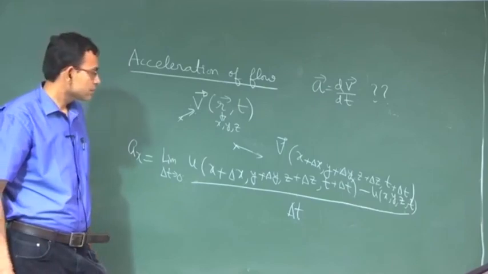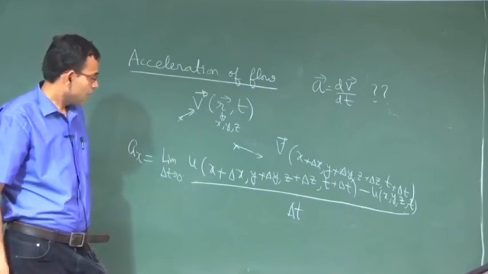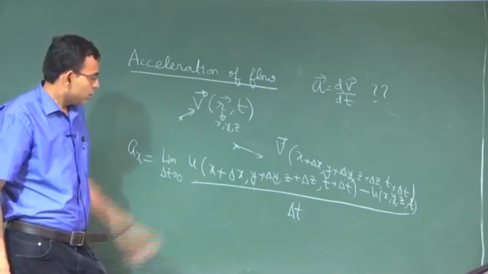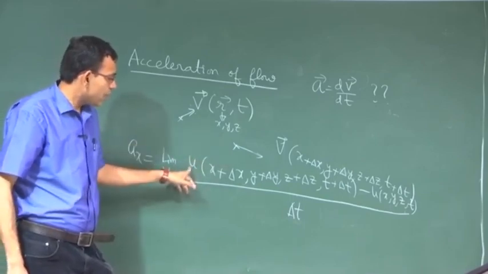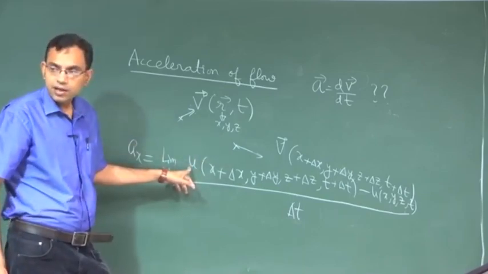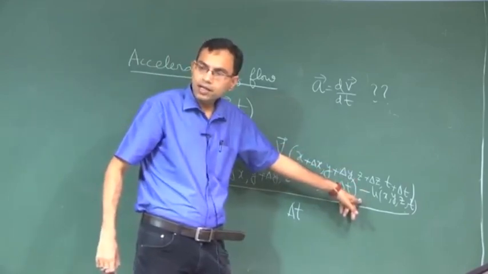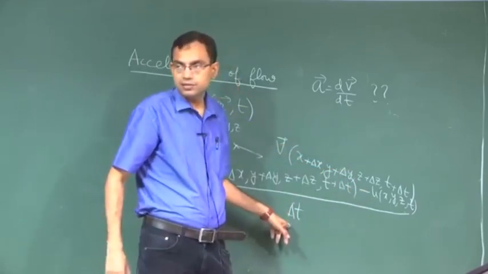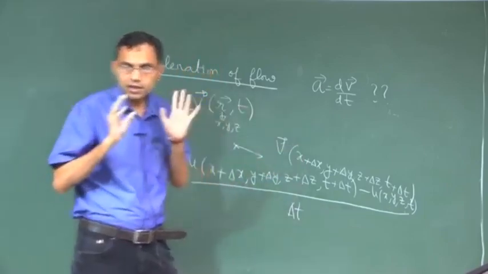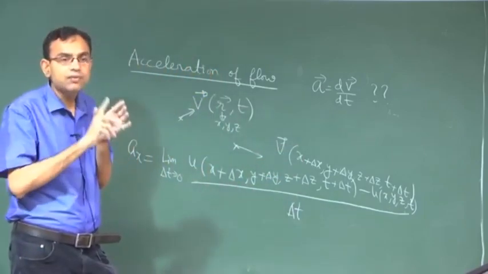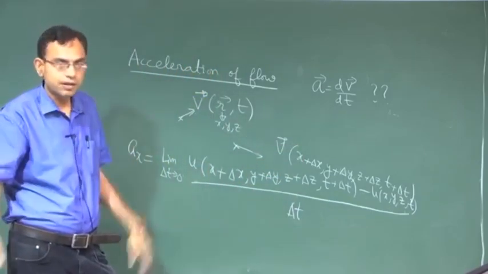Okay. So, new x component of velocity of the particle minus old x component of velocity of the particle divided by delta t, right. The basic definition of acceleration, time rate of change of velocity of a particle.